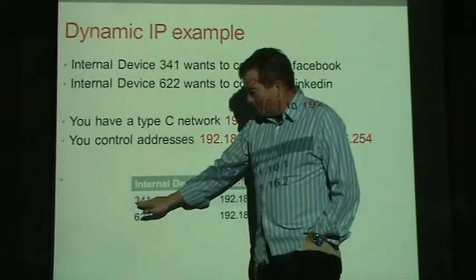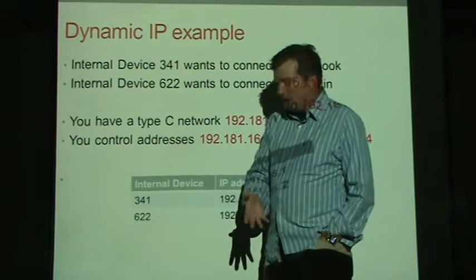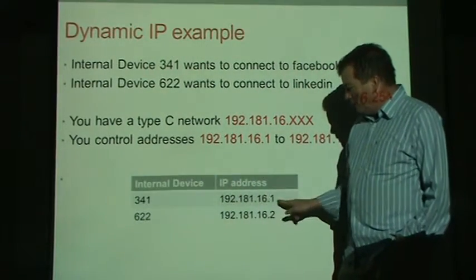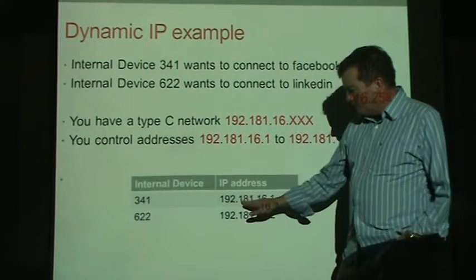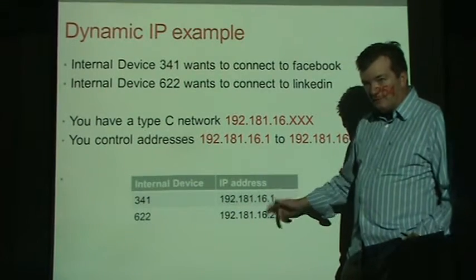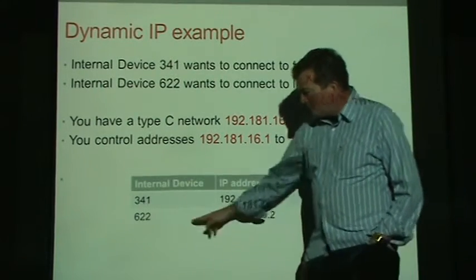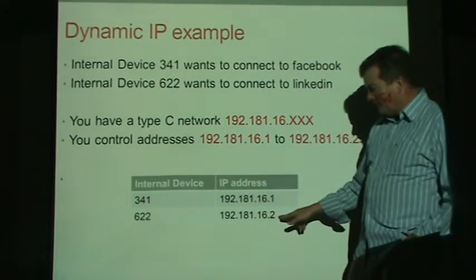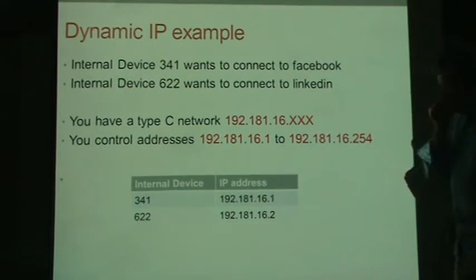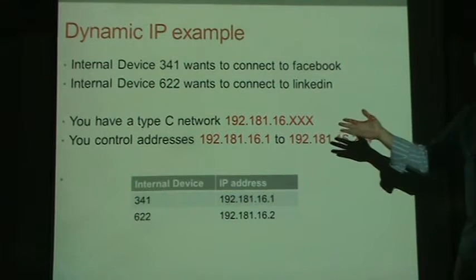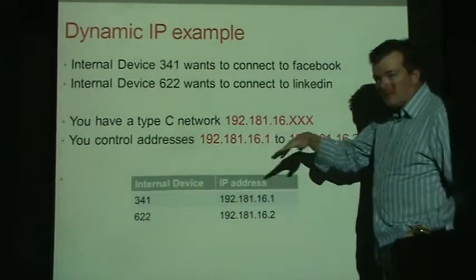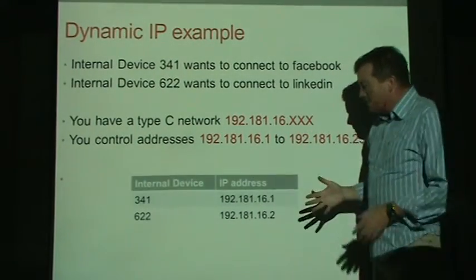So if device 341 inside our company wants to connect to the internet, we assign 192.181.16.1 to that one. Now another guy wants to connect to the internet, we assign the next one. So eventually we could give out 254 numbers to computers in our company.